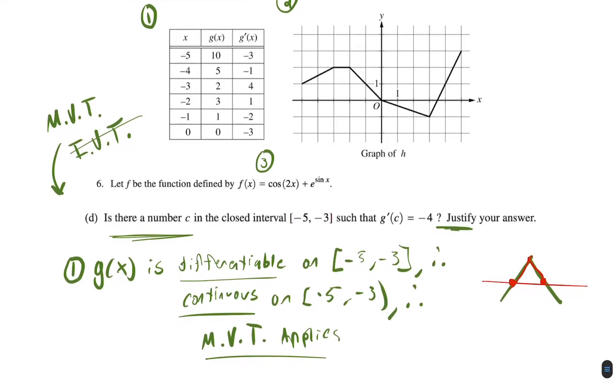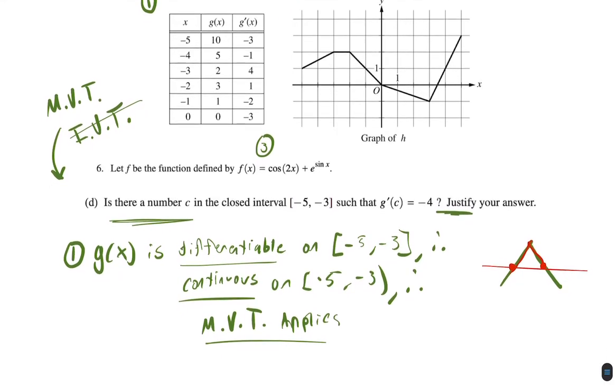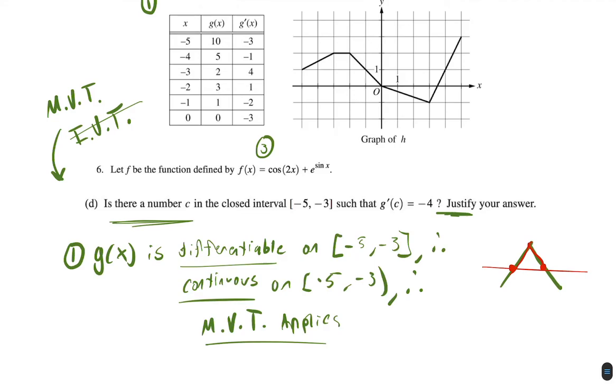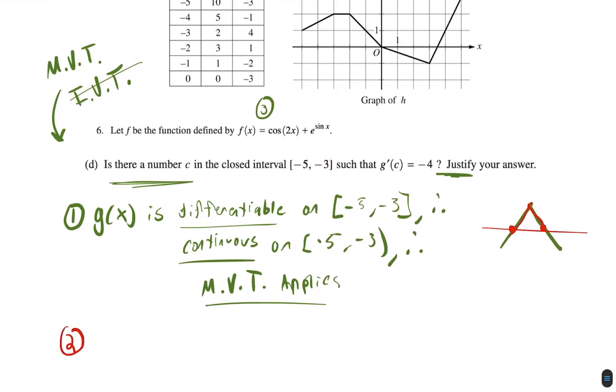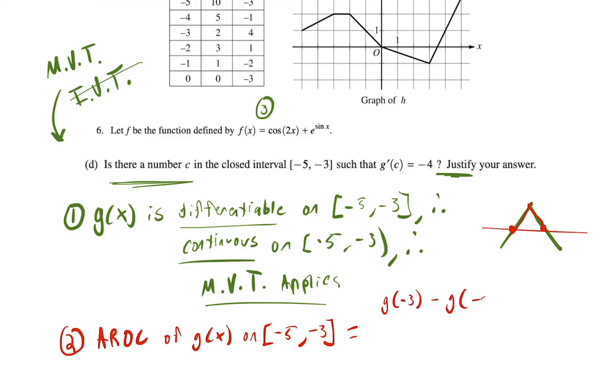Now that we know it applies, I need to see if there is a value where g prime of c equals -4. So I would compute the average rate of change of g of x on -5 to -3. That's equal to g of -3 minus g of -5 over -3 minus -5.